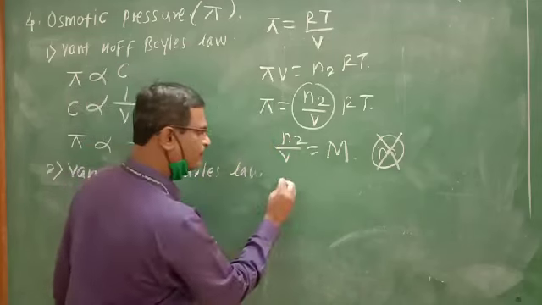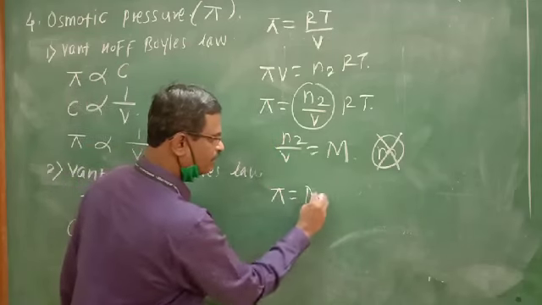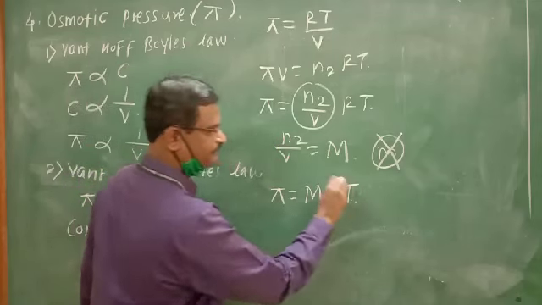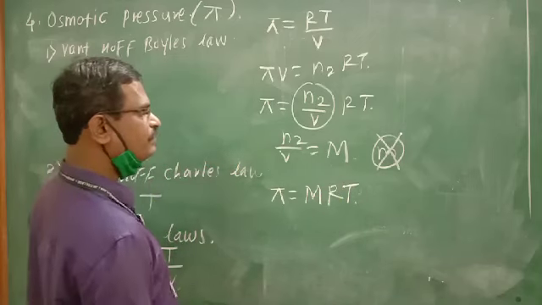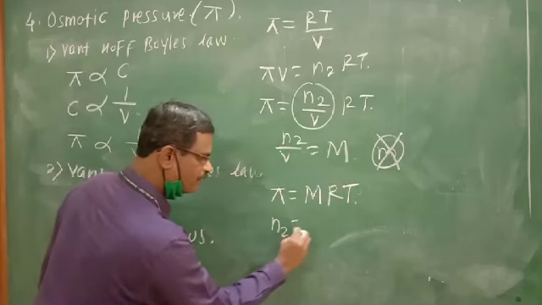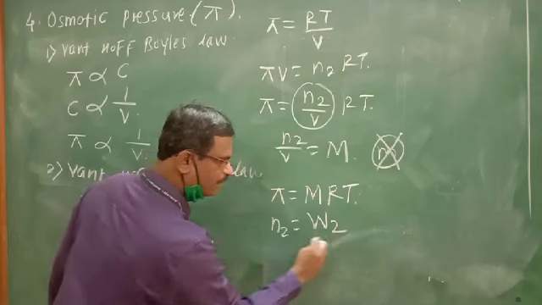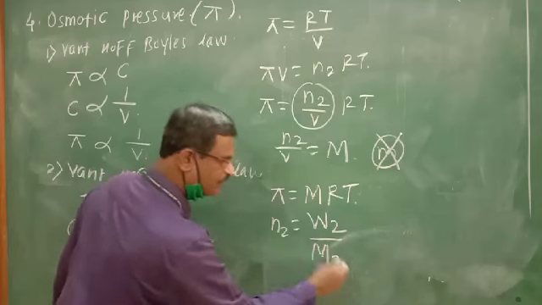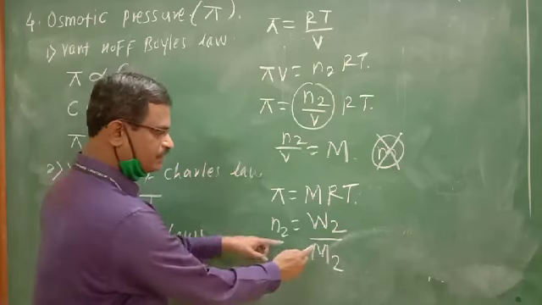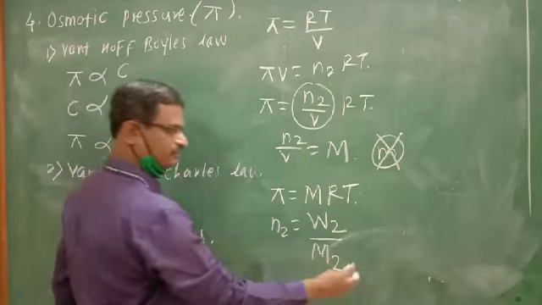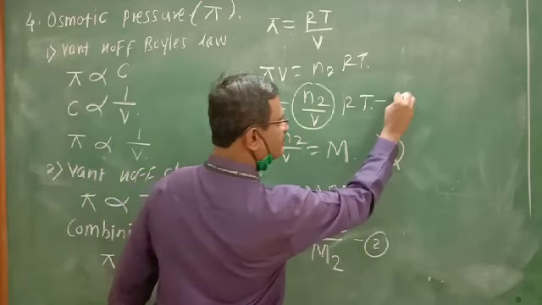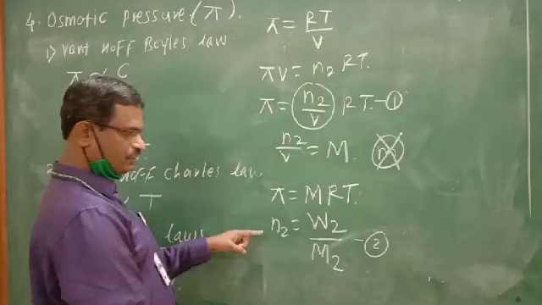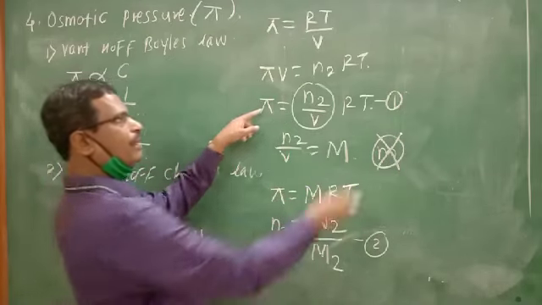So this equation will become pi is equal to MRT. Or we know N2, the number of moles of solute, is the ratio of mass of solute upon the molar mass of solute. If we substitute this equation, let this be equation 2 and this be equation 1, if we substitute equation 2 in equation 1, what we will get?